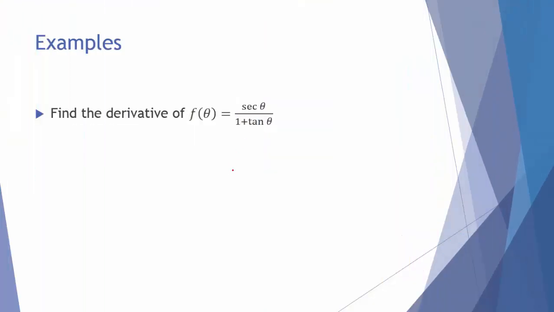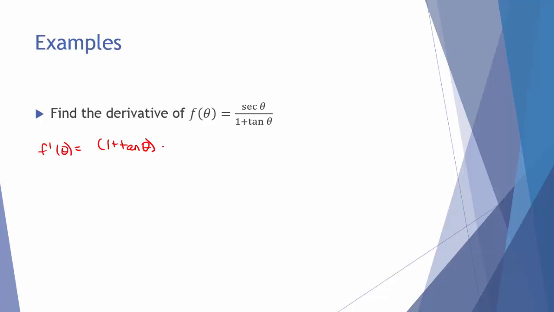Let's find the derivative of f of theta equals secant theta divided by 1 plus tangent theta. Again, we want to decide what rules we need, and because I'm seeing a quotient here, I'm going to use quotient rule. So f prime of theta will be the denominator, 1 plus tangent theta, times the derivative of the numerator.